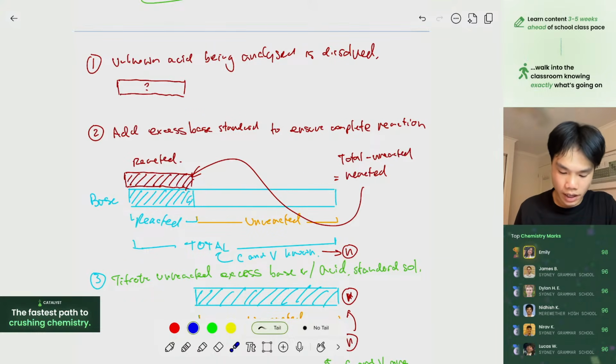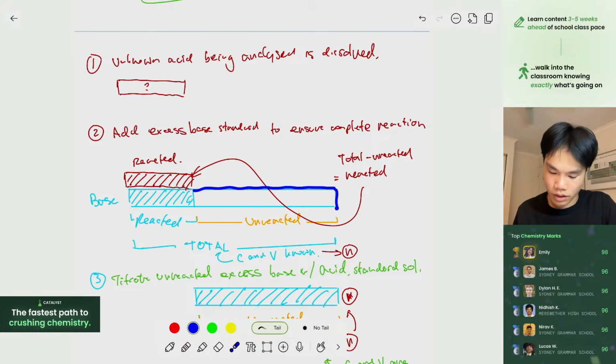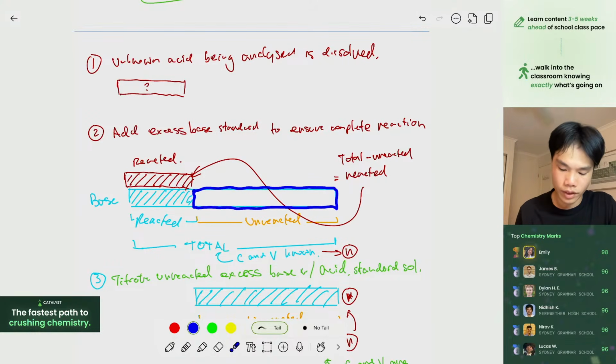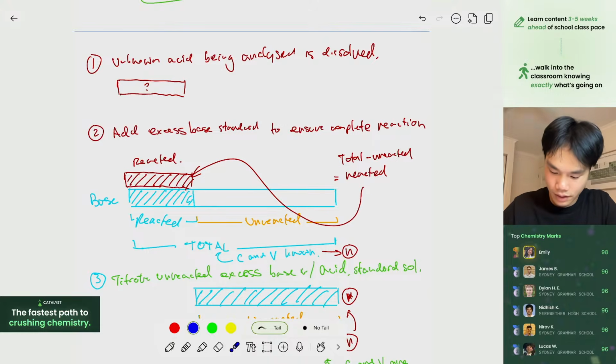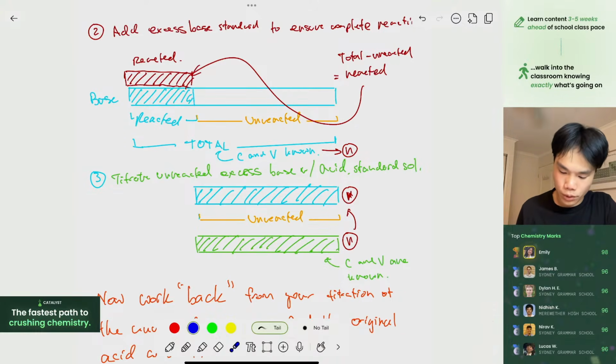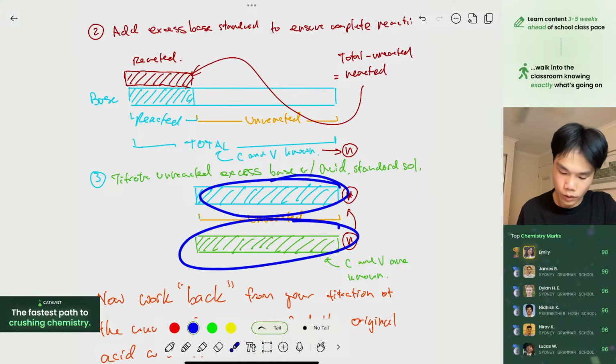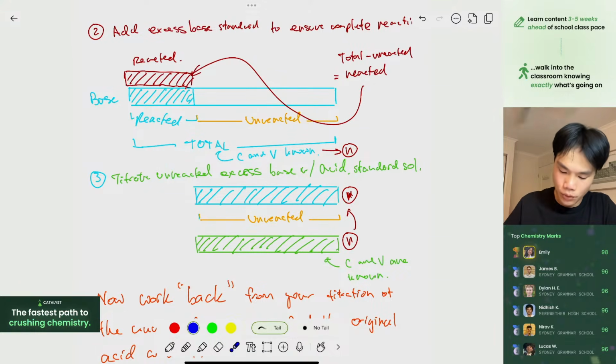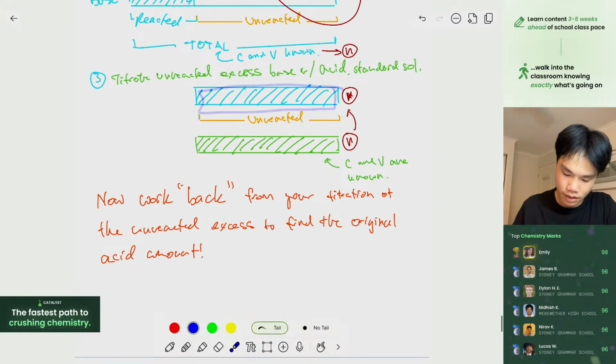That leaves behind an unreacted part of base, which you then take and titrate. The titration perfectly neutralizes the remaining base with a known acid, allowing you to find the moles of base in excess.